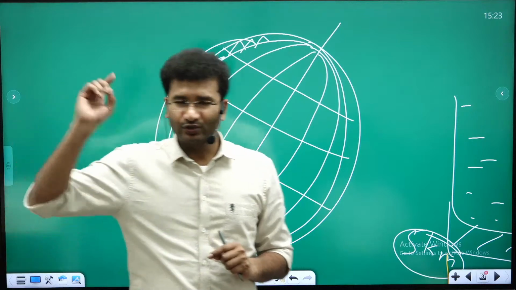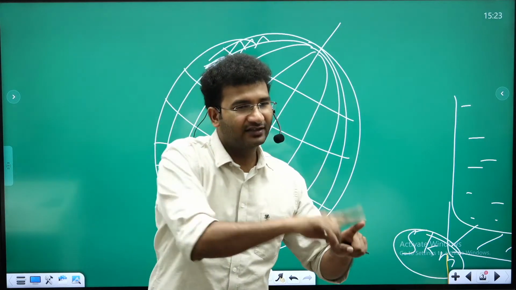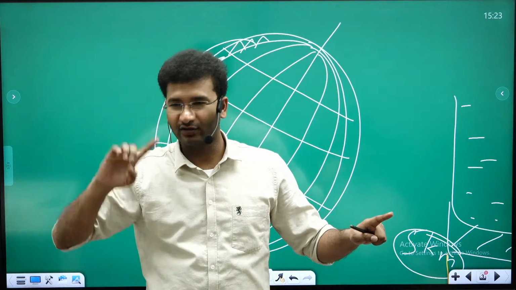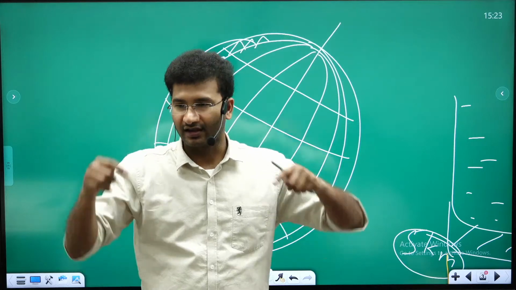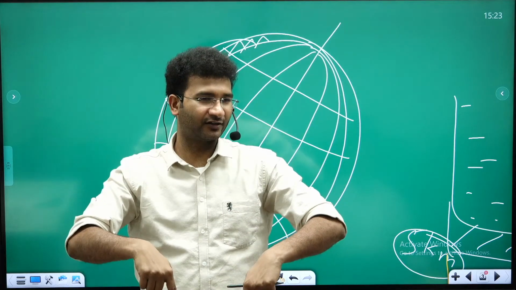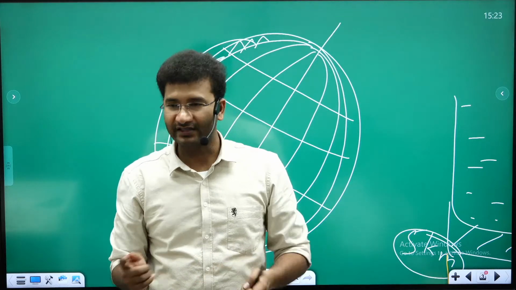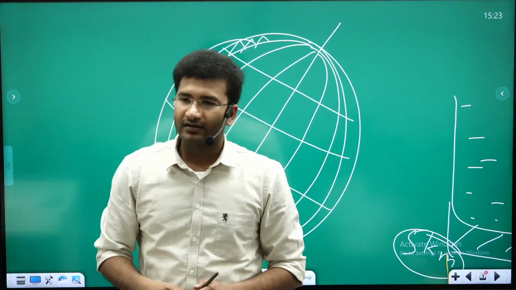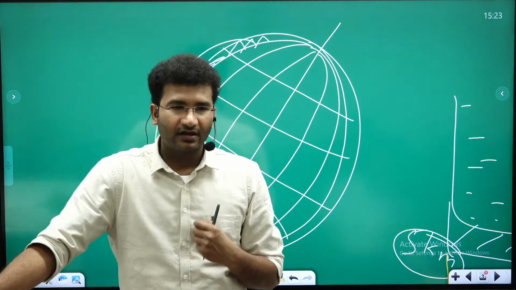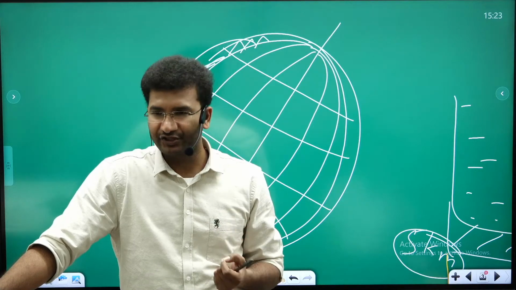When you study those kinds of waves in the laboratory and apply that concept to the waves of the earthquake, we are able to understand that as we go deep into the interior of the earth, there are different layers. What are those layers? How do we classify them? That we'll deal with in some time. Now come back. Suppose whenever there is an earthquake, what does the earthquake definition say?